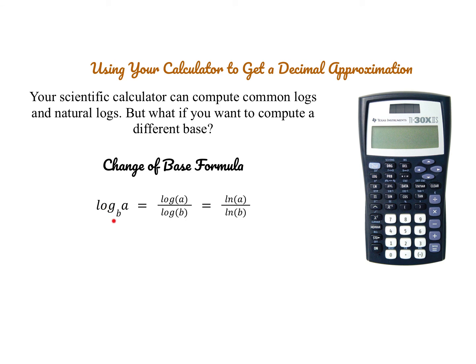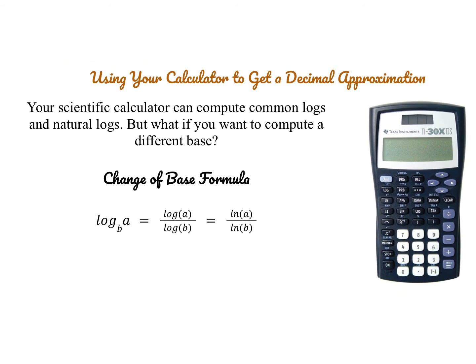So if you have log base b of a, the change of base formula allows you to rewrite any logarithm with any base logarithm that you want. We would really only use common log or natural log because, again, we're just trying to plug this into our calculator. And just so you see on our calculator here, this is the common log button and here's the natural log button. So you can rewrite any logarithm to look like this. It's the common log of a over the common log of b.